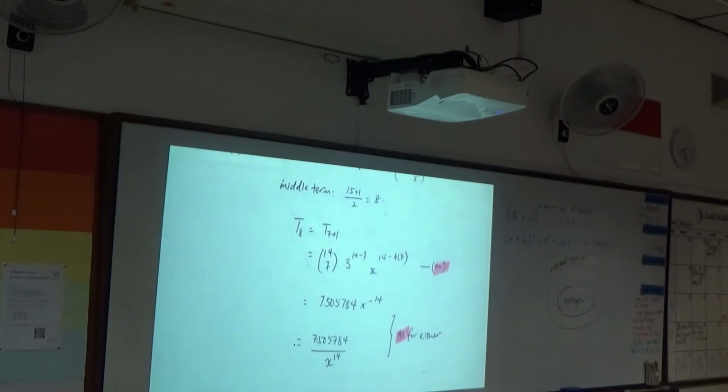15. Yeah, so plus 1 again to find the middle term. Because you see 15 terms, I'm trying to find the middle one. To find the middle one, we have to plus 1.